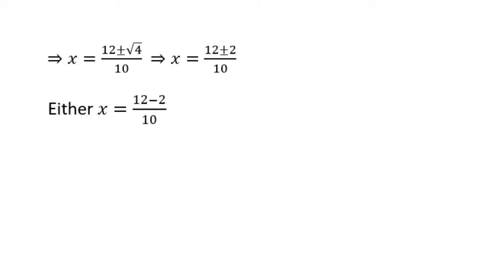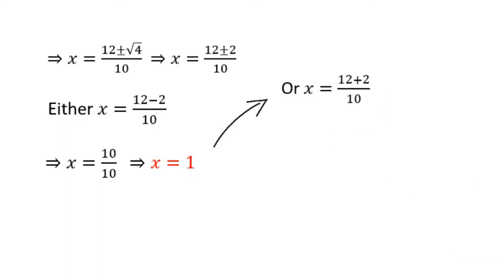Either x is equal to 12 minus 2 all over 10, such that x is equal to 10 over 10, which implies that x is equal to 1, or x is equal to 12 plus 2 all over 10, such that x is equal to 14 over 10, which implies that x is equal to 7 over 5.